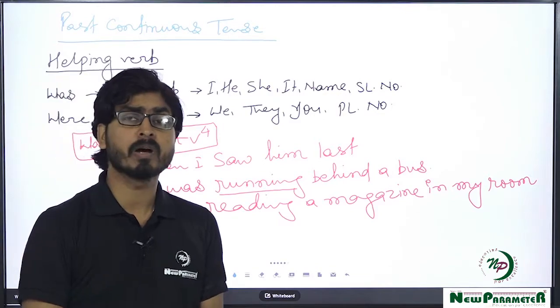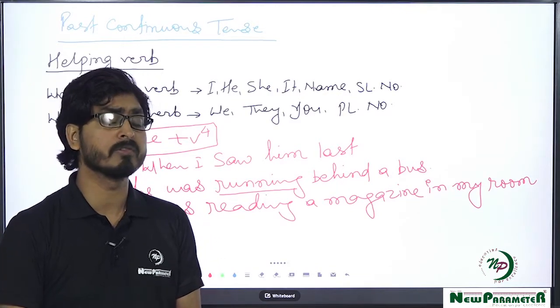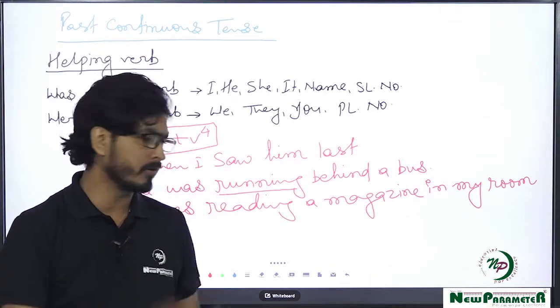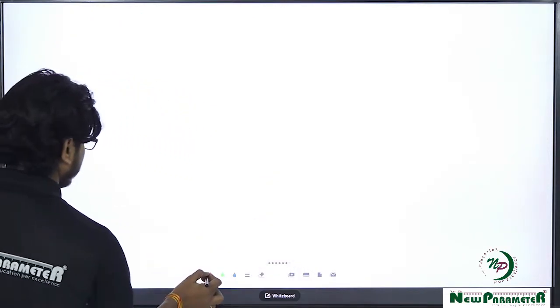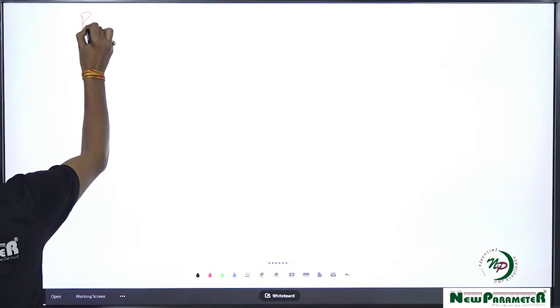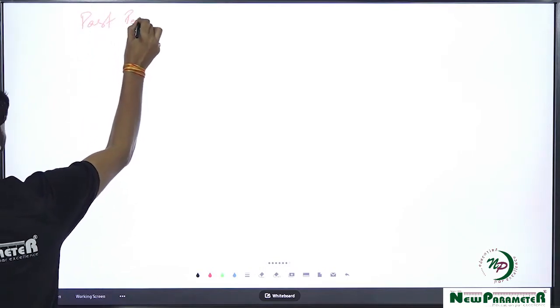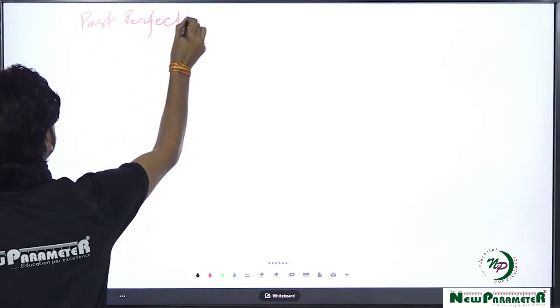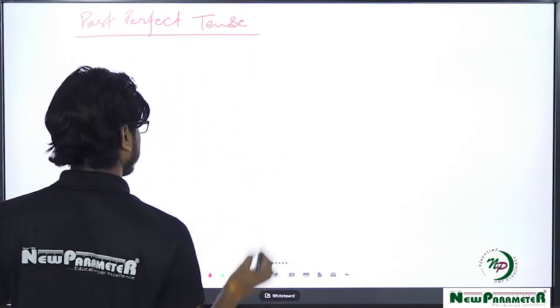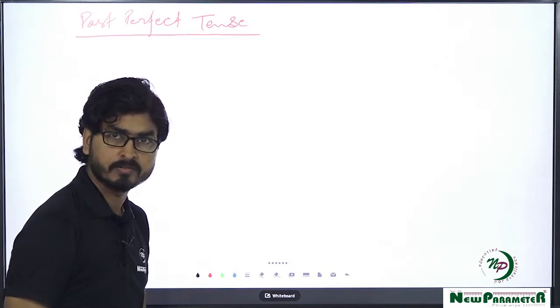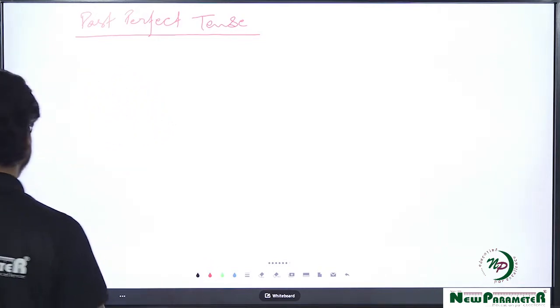Now move to past perfect tense, one of the most important tenses in all the tenses. It is a very interesting tense. We'll see how it is interesting.